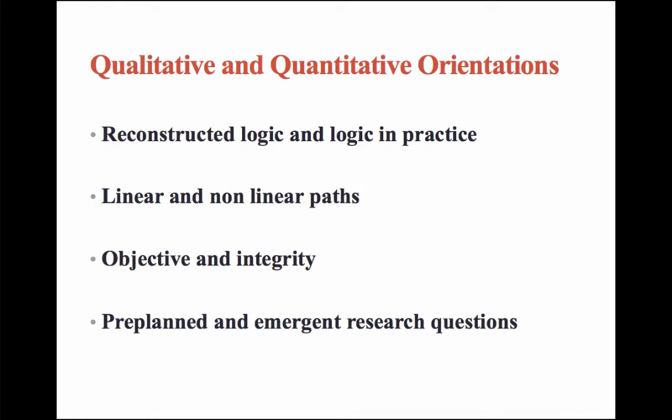Now, what you just saw that I was also kind of referring to here was also the distinction between linear and nonlinear paths of research. In the linear path of research, what I'm essentially talking about here is how the logic follows a straight line where it's basically a series of arrows from one variable to the next to the next.